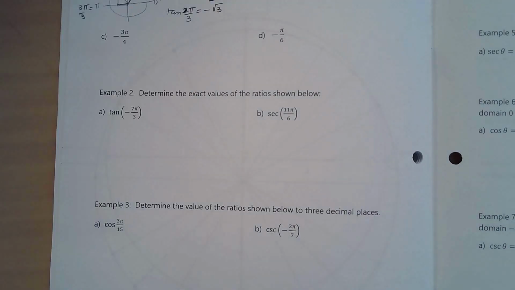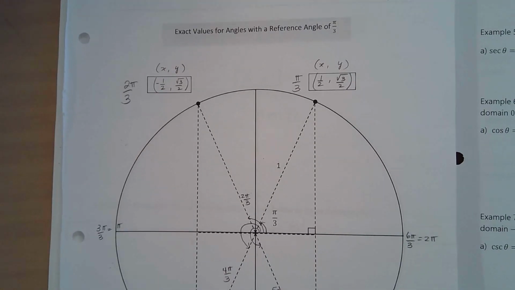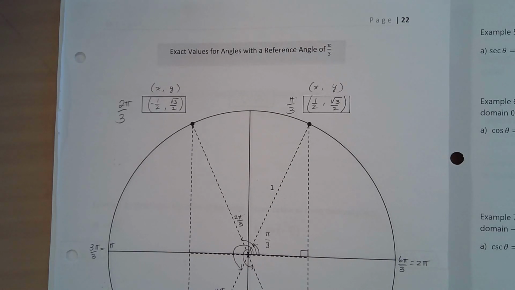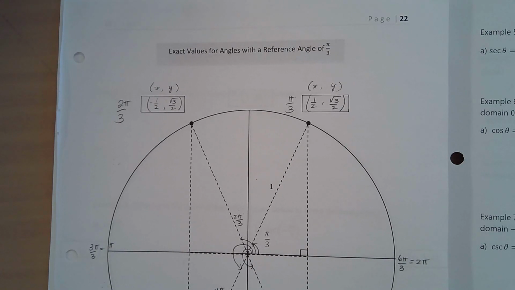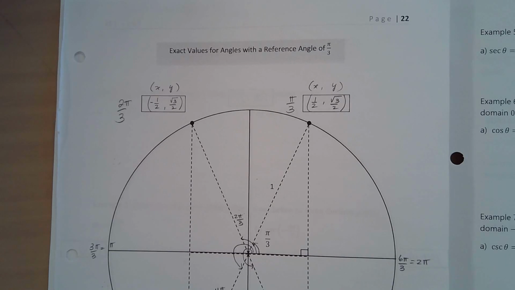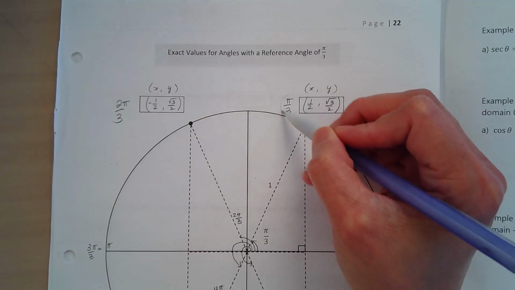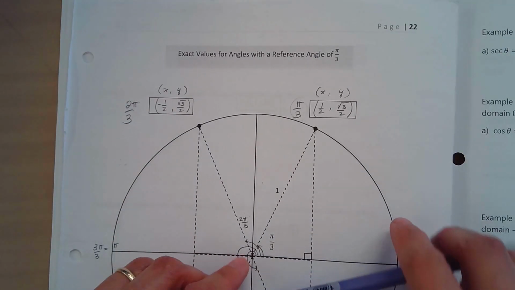So when we say pi over 3, this is pi over 3. These are more numbers you have to memorize basically, or you should memorize them. It's the same numbers, just different, because pi over 3 is 60 degrees.